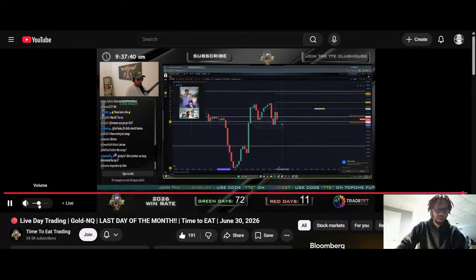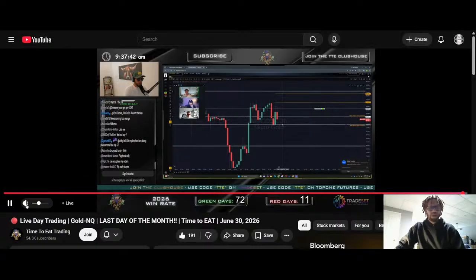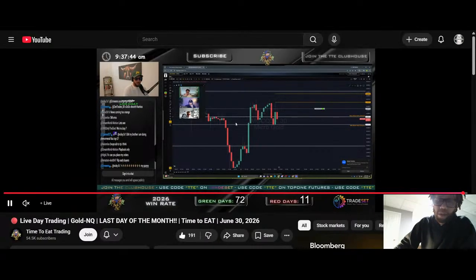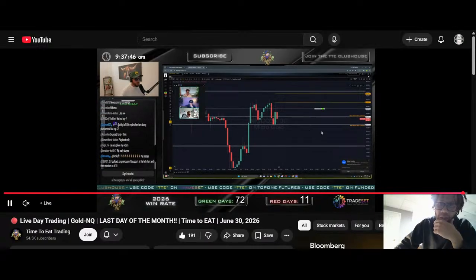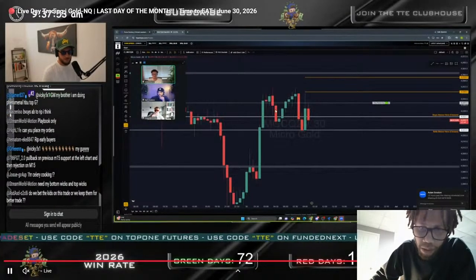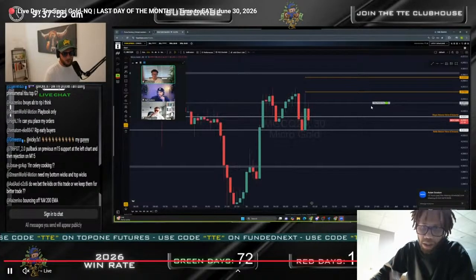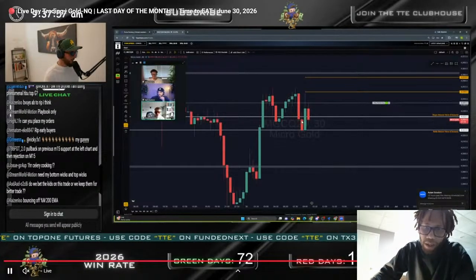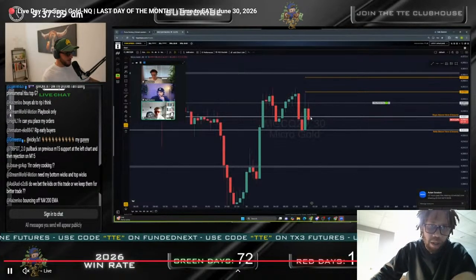Okay, so let's see what's going on here. We see here the way he's looking at it. You want to take buys above here due to what price action did here. Pretty much identical price action. So he has a buy stop here. Now he's waiting on his lower wick. All right, it's 9:30.